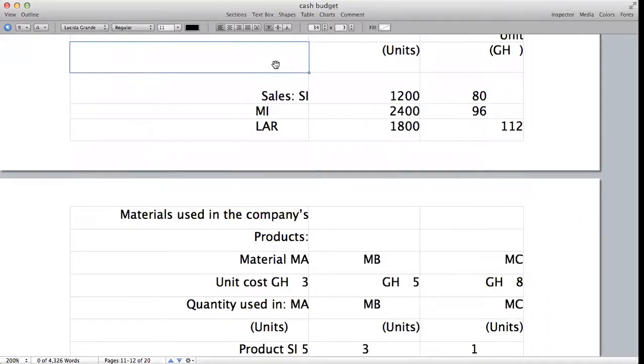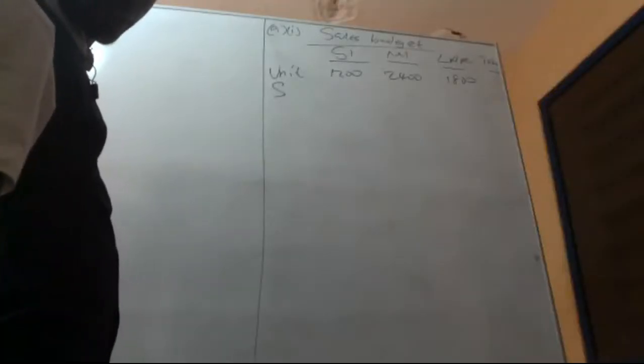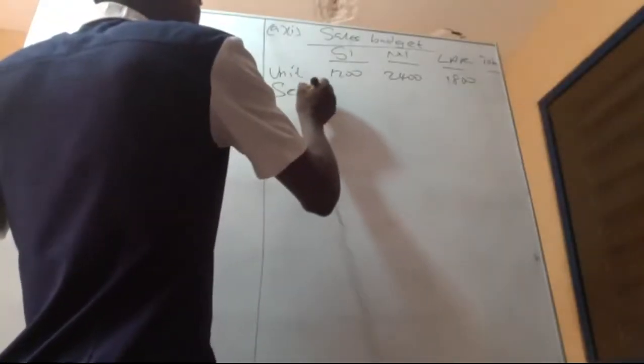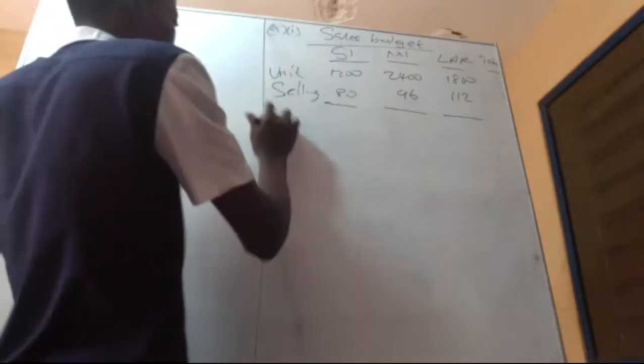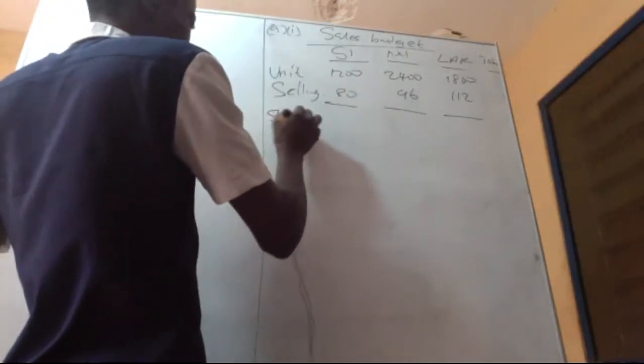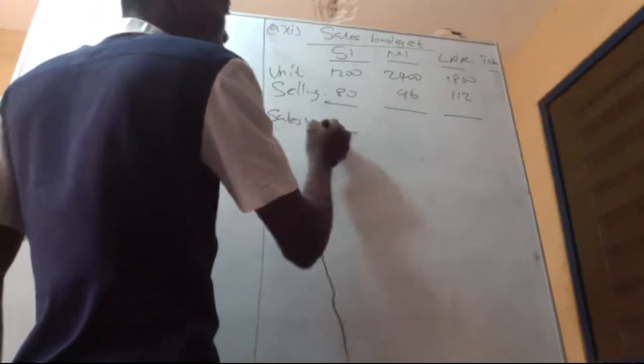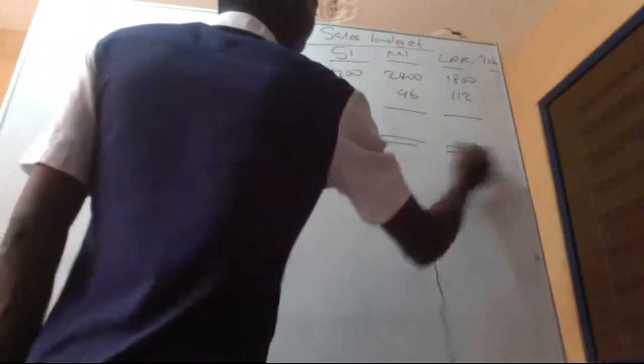And your various selling prices are 80, 96, and 112. So what will be the sales value? So the budgeted sales value will be, and that's the end of the game.